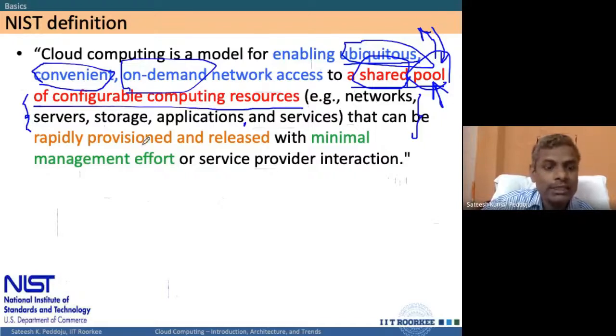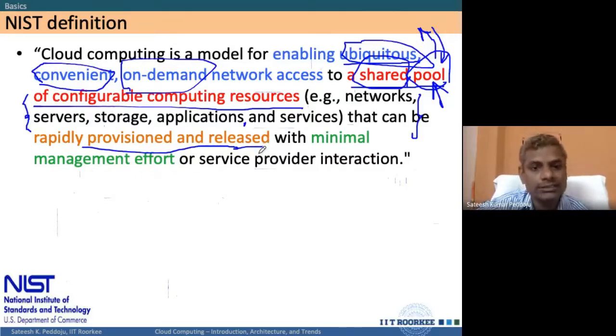They are provided rapidly and released rapidly. Whenever I need, I take them, use them, and return them. The entire process is very quick, as I mentioned, a couple of minutes, not months or days, not even hours. Another important advantage is minimal management effort.